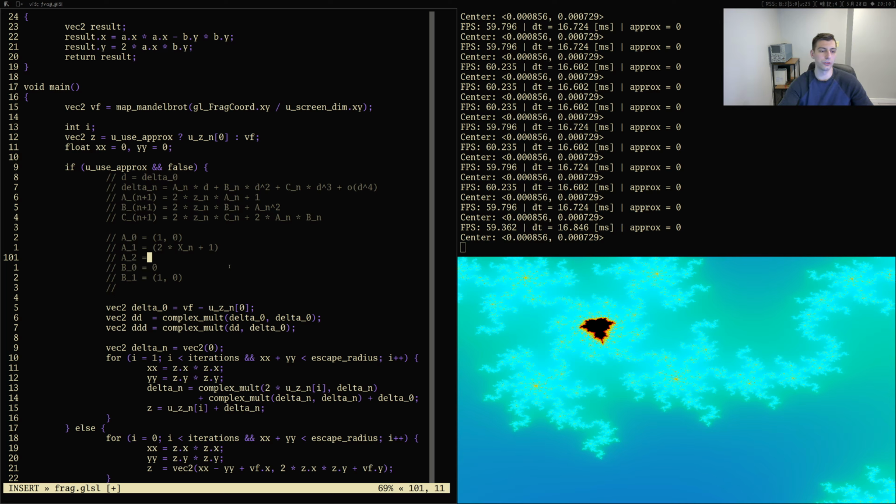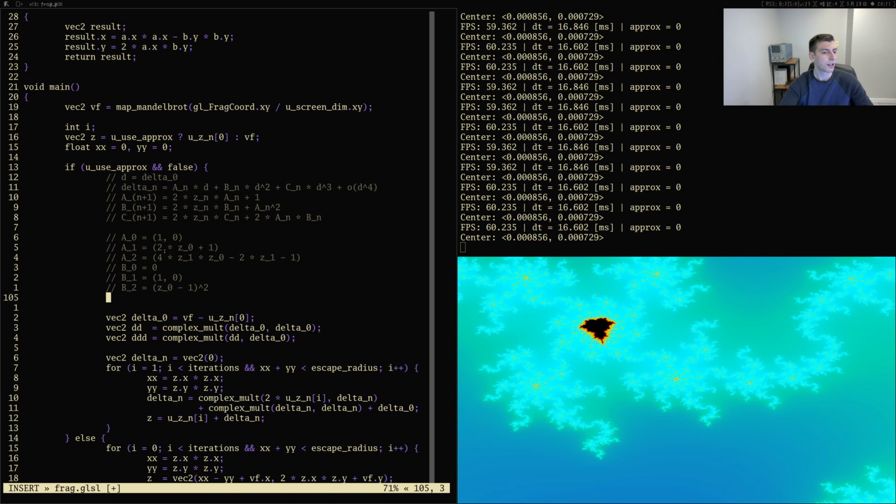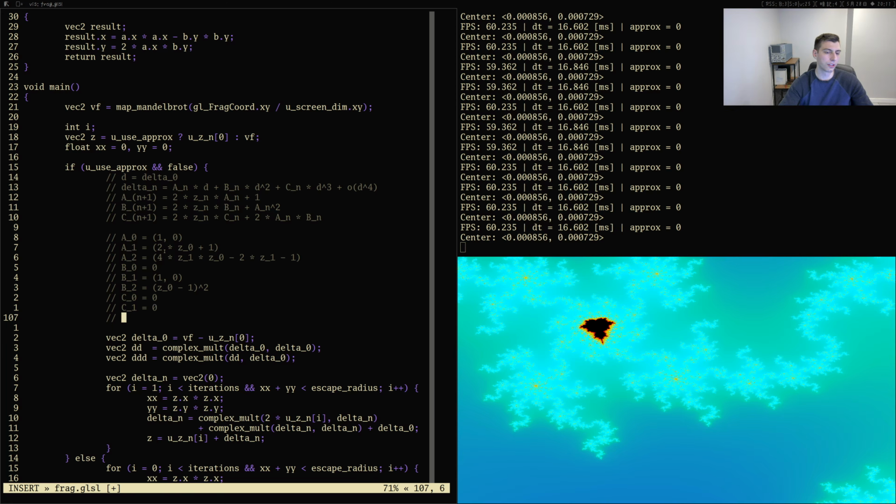So a2 is equal to 4 times z0, this isn't xn by the way, these are both z, my bad, let's use the right notation here, times z0 minus 2 times z1 minus 1, and then b2 is z0 minus 1 squared, and then c0 equals 0, c1 equals 0, c2 is equal to 4.